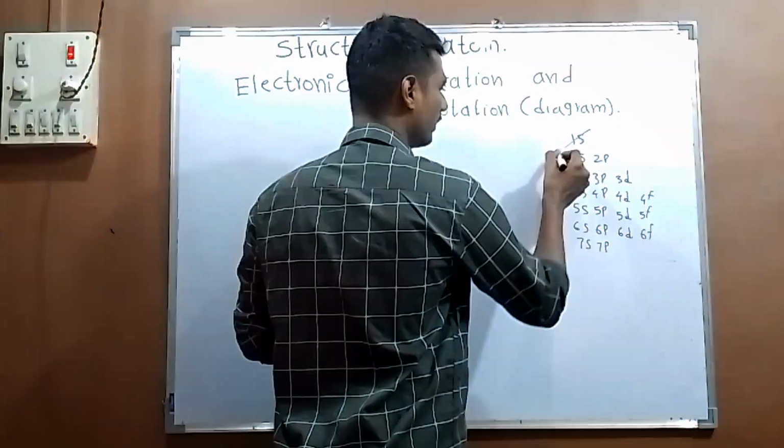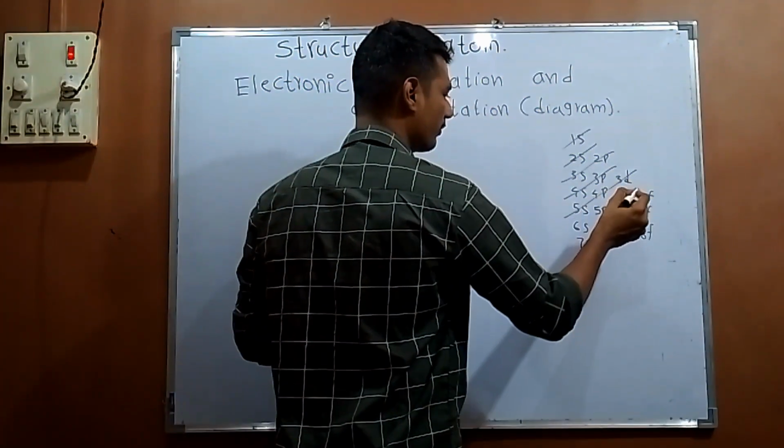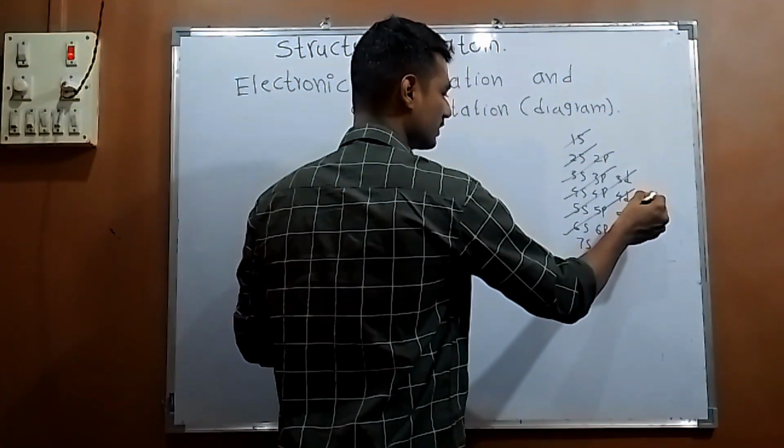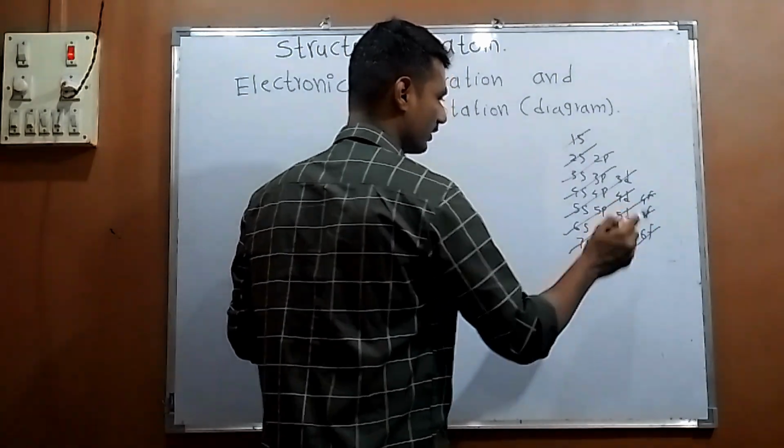Then the sequence is 1s, 2s, 2p, 3s, 3p, 4s, 3d, 4p, 5s, 4d, 5p, 6s, 4f, 5d, 6p, 7s, 5f, 6d, 7p and 6f.